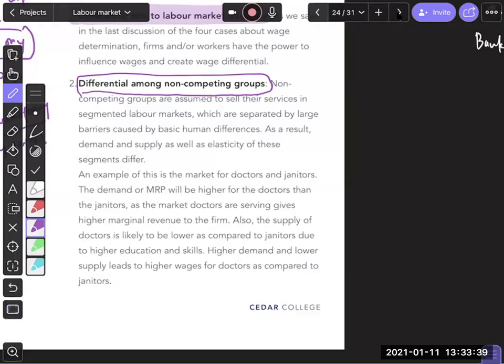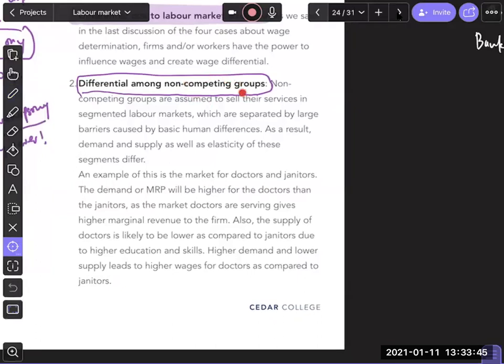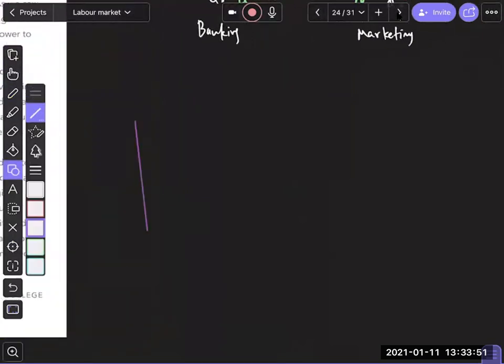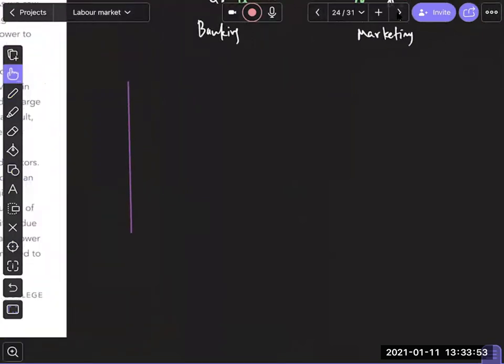So, let's discuss what Haris is trying to point out. Sometimes it happens that you could be paid differently because of non-competing groups. What are non-competing groups? Basically, people could be in different occupations, for example, doctor versus janitor.